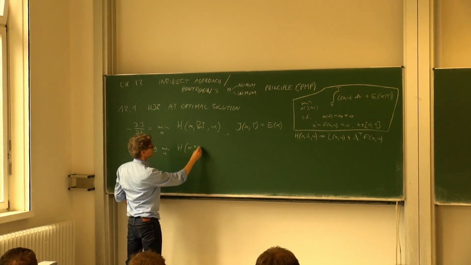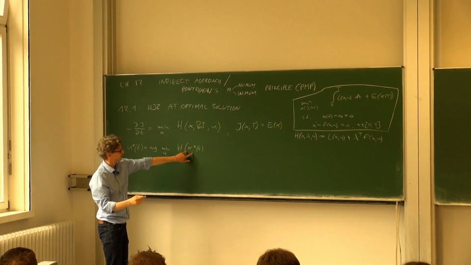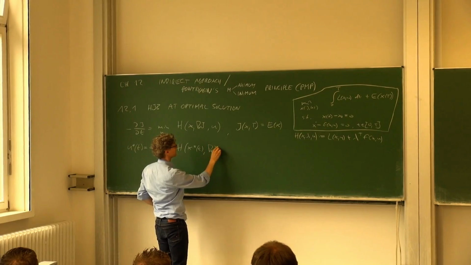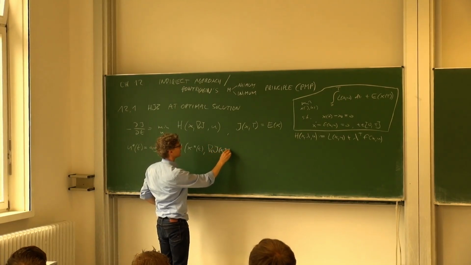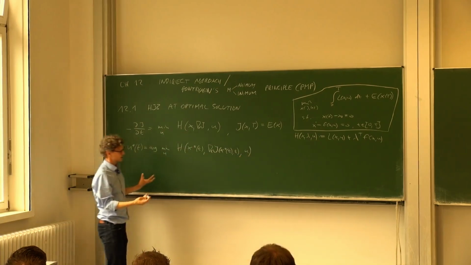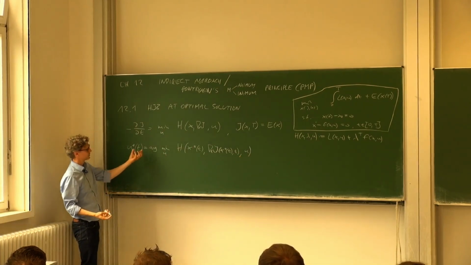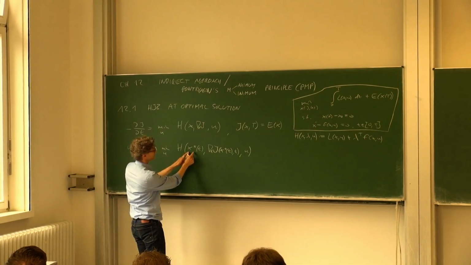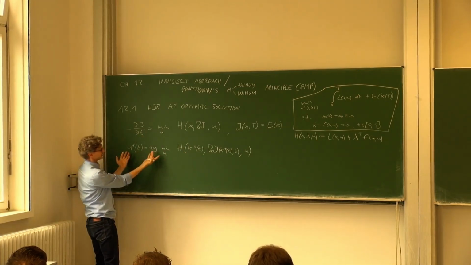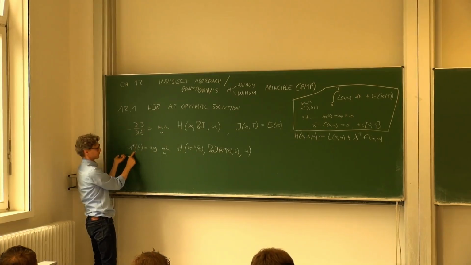If you would know the optimal solution in x, then you could say that it must satisfy this equation at the x star of t, comma u. So you could plug this whole expression in: if you would know the optimal state trajectory, then you know it should satisfy this relation also to give you the optimal u.